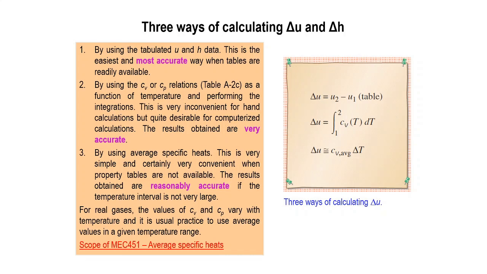For real gas, the specific heat at constant volume Cv and specific heat at constant pressure Cp will vary with temperature, and it is usual practice to use an average value in a given temperature range. So here in scope for MEC 451, we will use average specific heat, which means that the temperature is an average value.